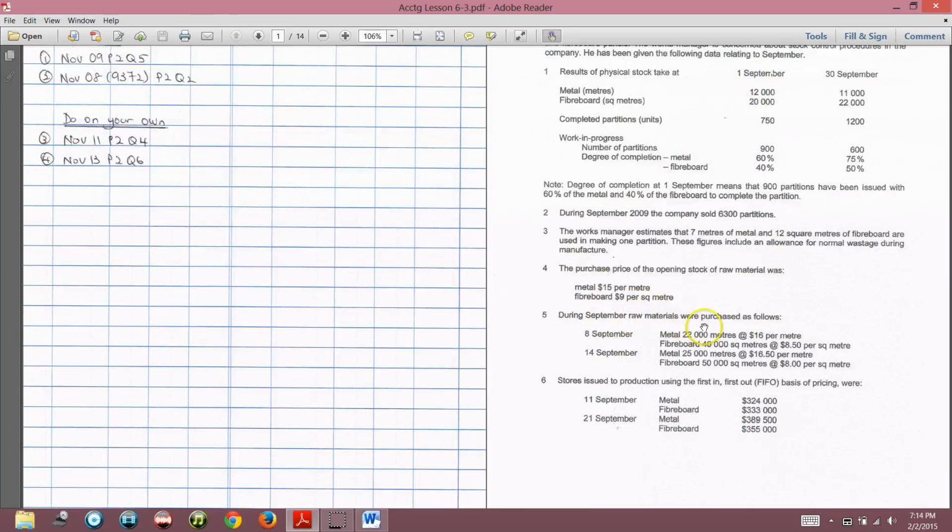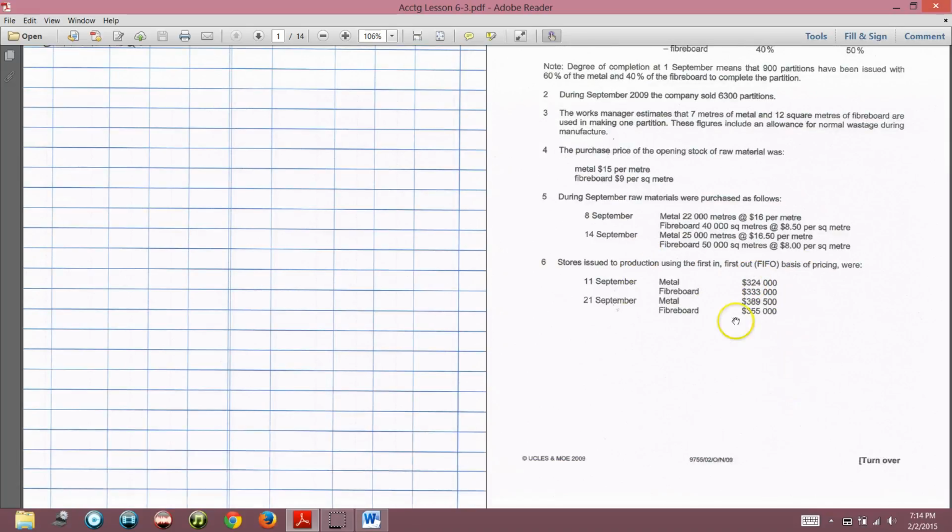Then during September, raw material were purchased at this quantity and this price. So when you issue also first in, first out, that means the first price that comes in will go out first. Then the subsequent price that comes in will go out second, and so forth. So now, 11 September.